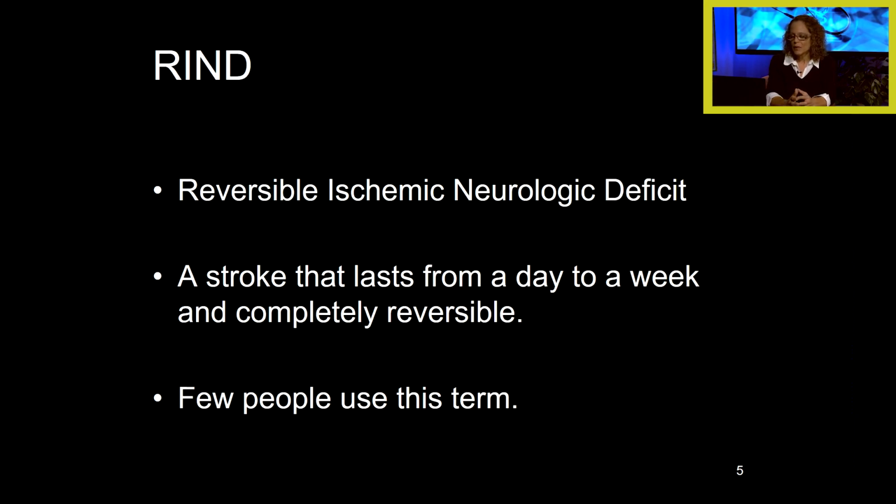This is a stroke that lasts from a day to a week and is completely reversible. Very few people actually use this term, but it's important to differentiate between a TIA, in which the symptoms usually resolve within 24 hours, and one of these strokes where the symptoms can last from a day to a week and then completely reverse.